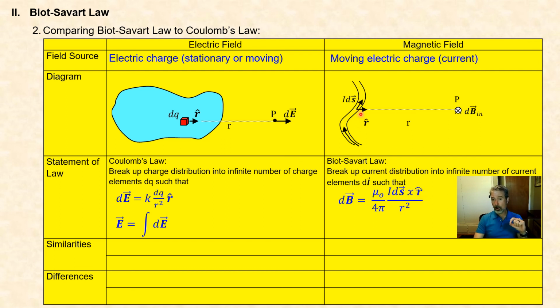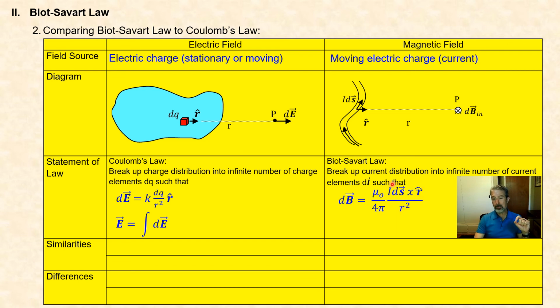So you'll notice that r hat points from this current distribution to the field point, in the same way that r hat pointed from this very small charge element dq to the field point. So our understanding of r hat is pretty much the same. Divided by r squared, we also see this inverse square law.